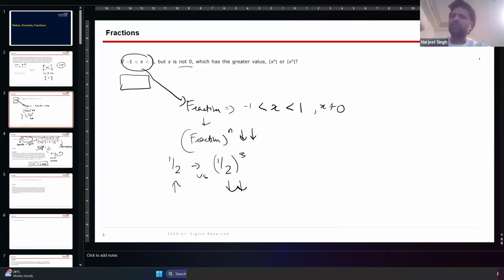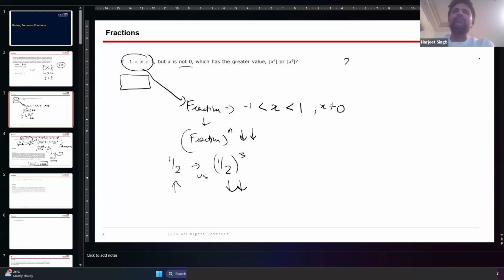Sorry, we were at this question, and the question was which is greater, x to the power 4 or x to the power 5? Now, as soon as you increase the power, that fraction becomes even lower.